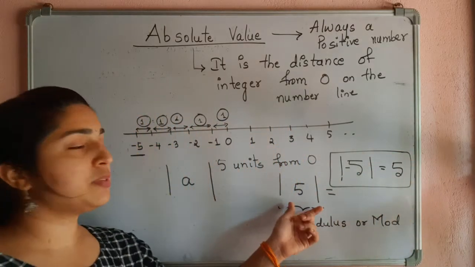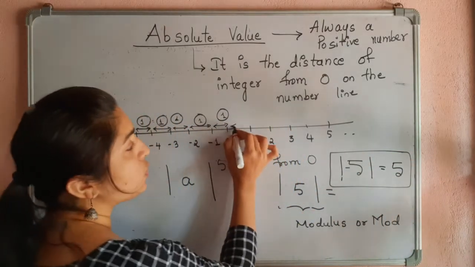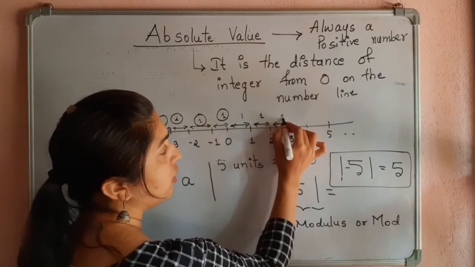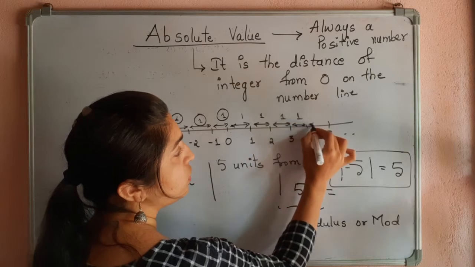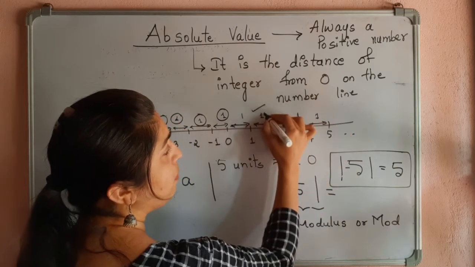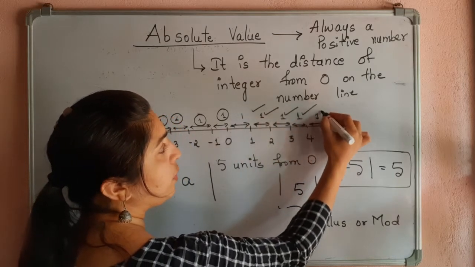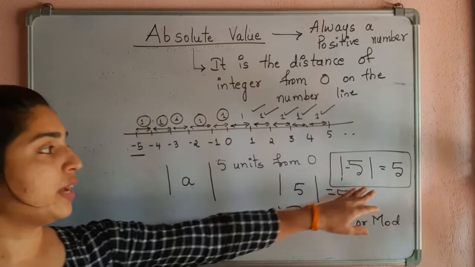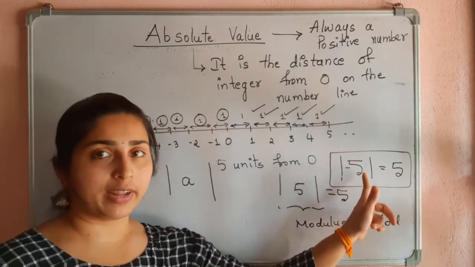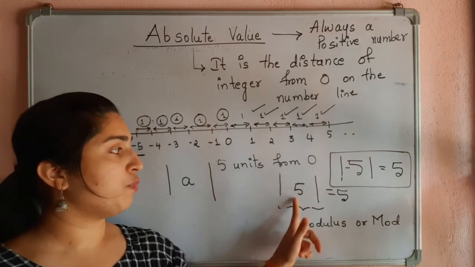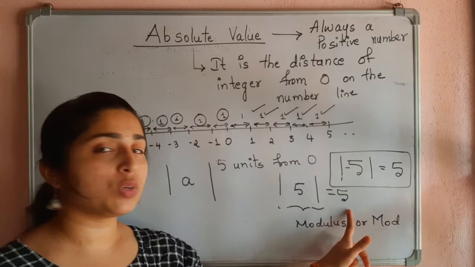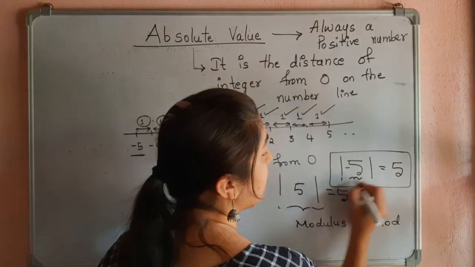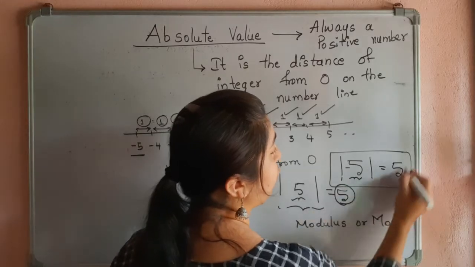What is the absolute value of 5? This is 1, this is 1, this is 1. If I add all of this, 1 plus 1 is 2, plus 1 is 3, plus 1 is 4, plus 1 is 5. So this is also 5. You can see the modulus of a negative number and the modulus of a positive number both give a positive result, and here we have the same answer 5.